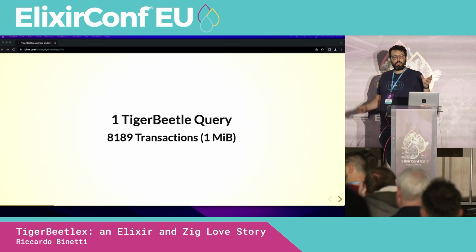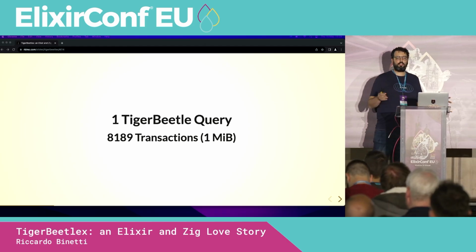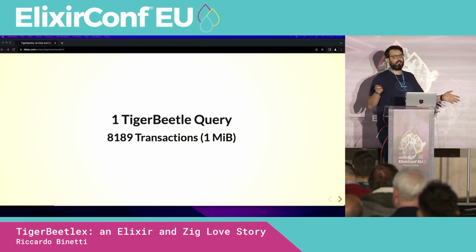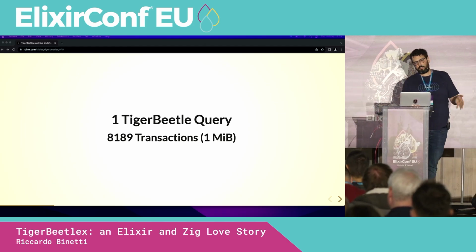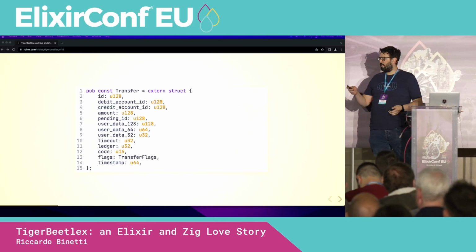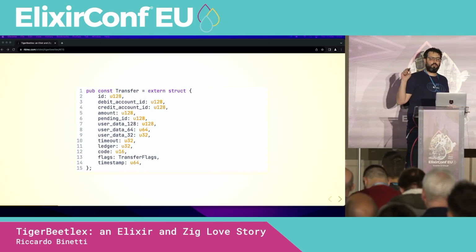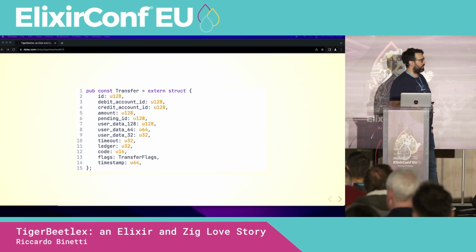So one TigerBeetle query is actually composed of 8,000 transactions that all fit in a single megabyte exchanged on the network and stored in the storage. How is it possible to do so? This is the Zig struct that represents a transaction, and it's called Transfer.